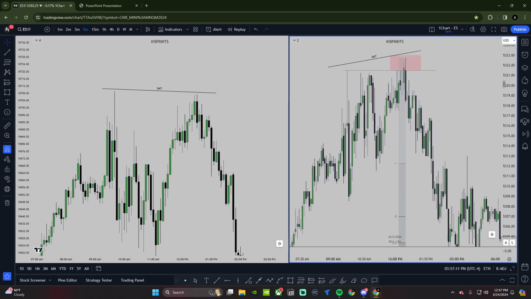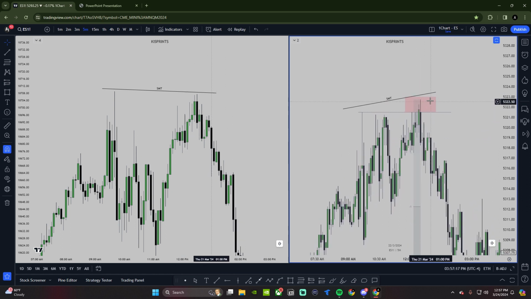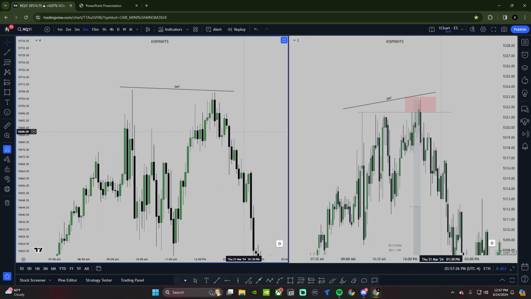So with this in mind, we can assume that ES, like I already marked out right here, and this is not in hindsight, this was marked out on the day of, ES formed manipulation on this liquidity sweep, NQ didn't. So what does that tell us?